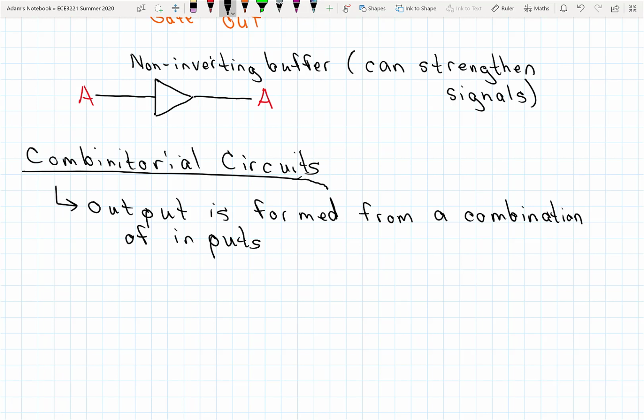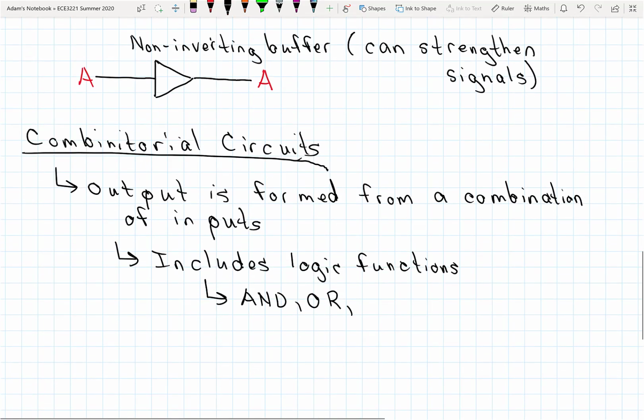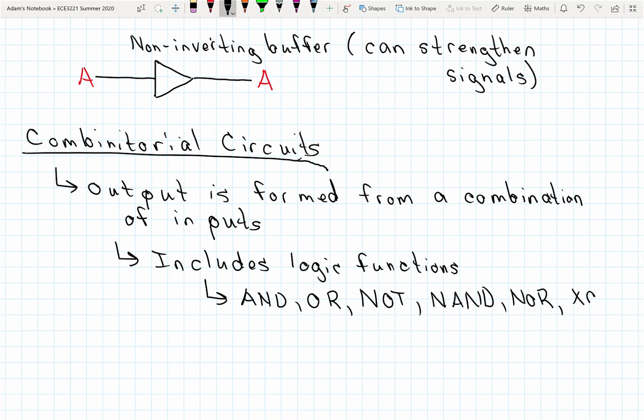Okay, some examples of this. The logic functions that would be included are things like AND, OR, like the logic gate up above here, that inverter would be a combinatorial logic circuit, a NOT, NAND, NOR, XOR, XNOR.